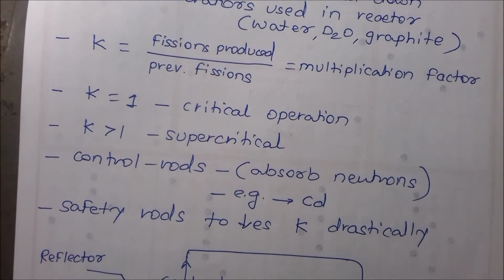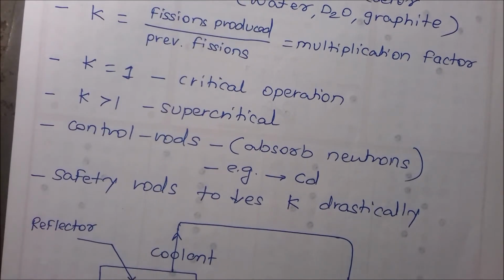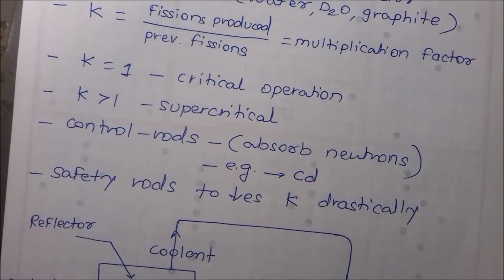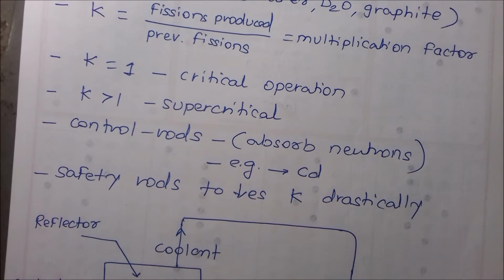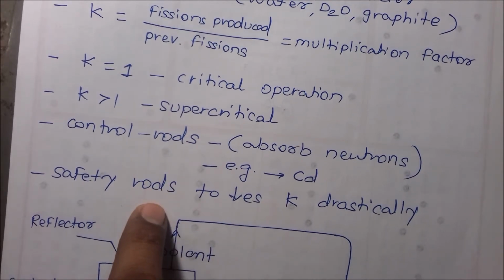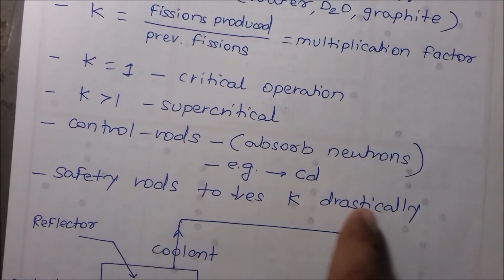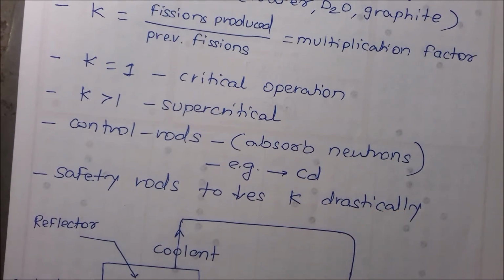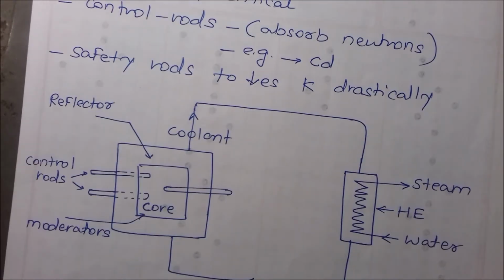So if K increases beyond 1, then control rods, for example cadmium, are used to absorb neutrons and decrease the speed of reaction. And there are safety rods as well. Safety rods decrease K drastically and make the reactor safe.